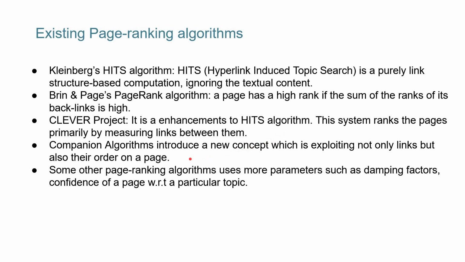Then there's the Companion algorithm, which introduces a new concept, exploiting not only links but also their order on the page. Some of them use more parameters such as damping factors or the confidence of a page with respect to a particular topic. But most of these web page ranking algorithms do not take any extra information from the surfer for giving an accurate ranking.